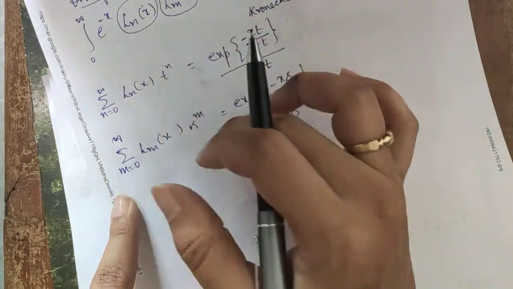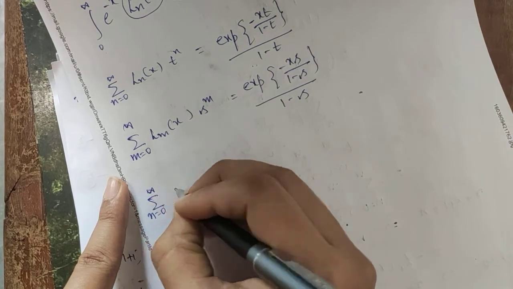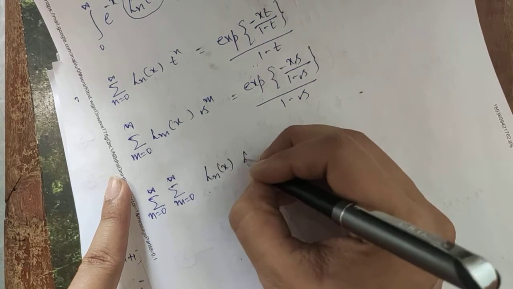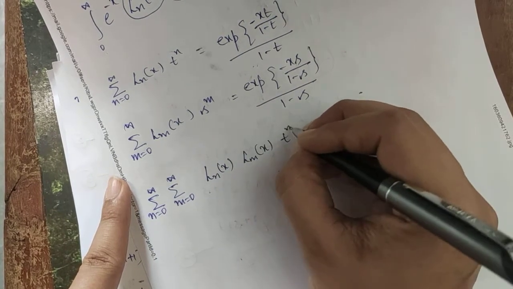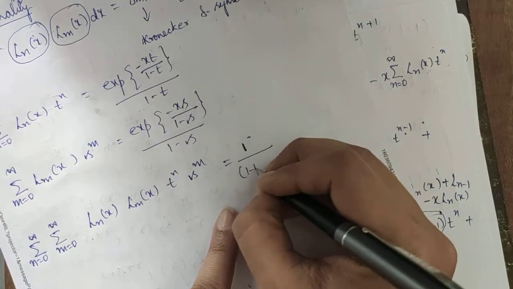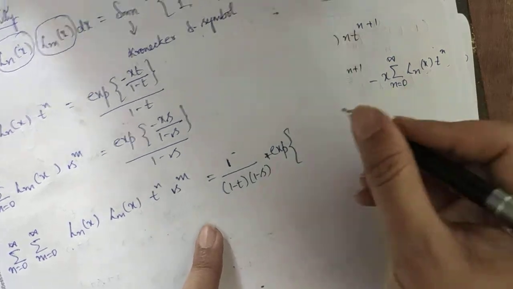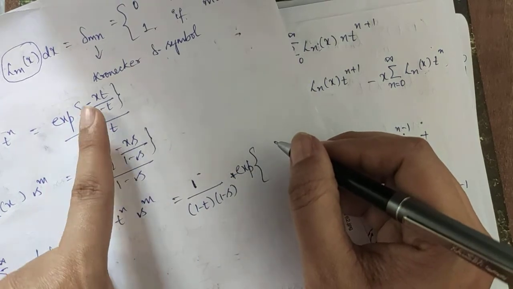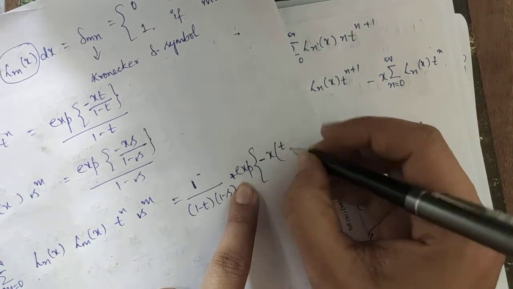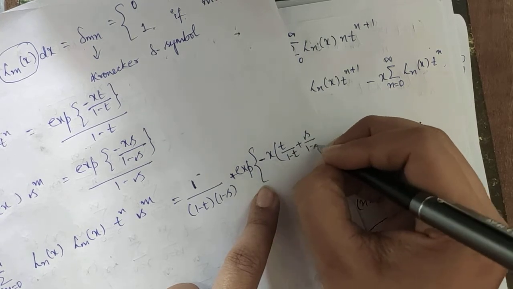So multiply both the corresponding sides, you will get summation n is equal to 0 to infinity summation m is equal to 0 to infinity Ln of x Lm of x t power n into s power m is equal to 1 divided by 1 minus t into 1 minus s into exponential of, so here I can take minus x as common, this is minus x into t by 1 minus t plus s by 1 minus s.